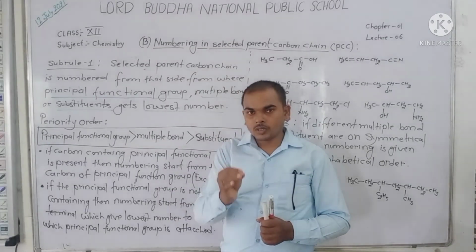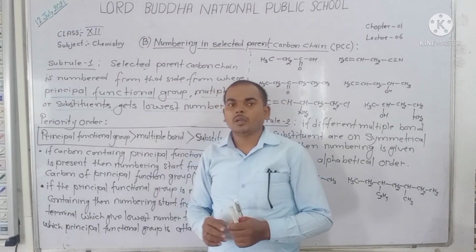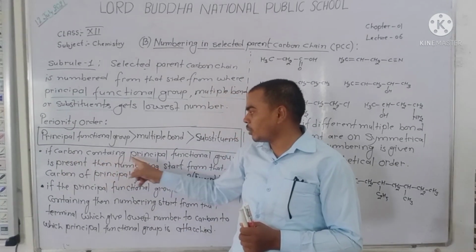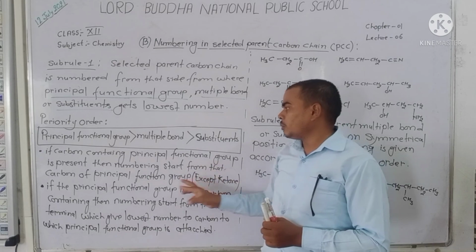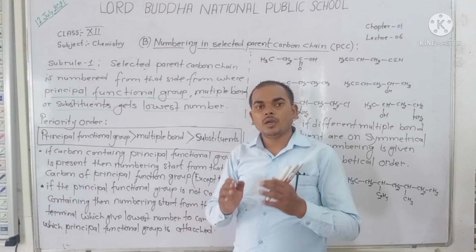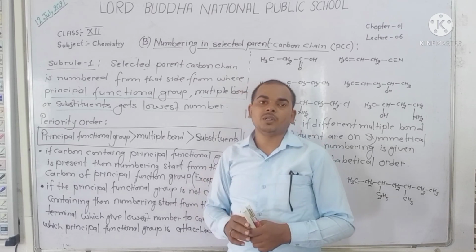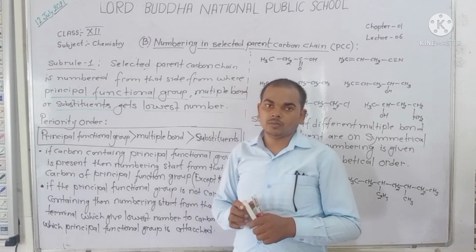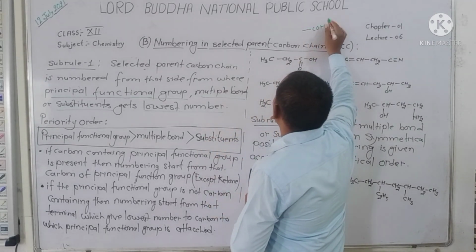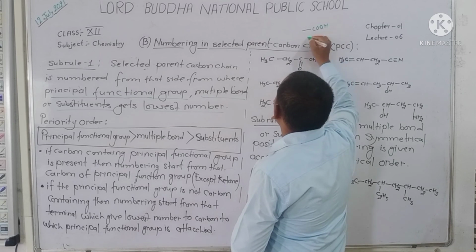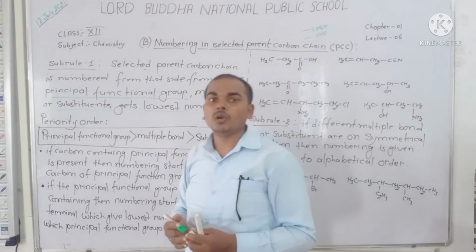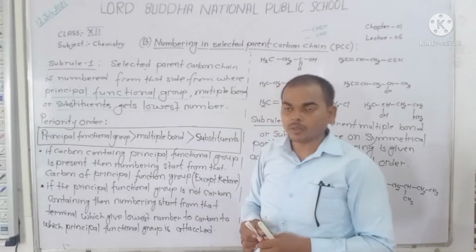Now, something more about the first rule. If a carbon-containing principal function group is present, that is, a group which has carbon, for example COOH, CHO, carboxylic acid and aldehyde have carbon, and ketone has carbon.